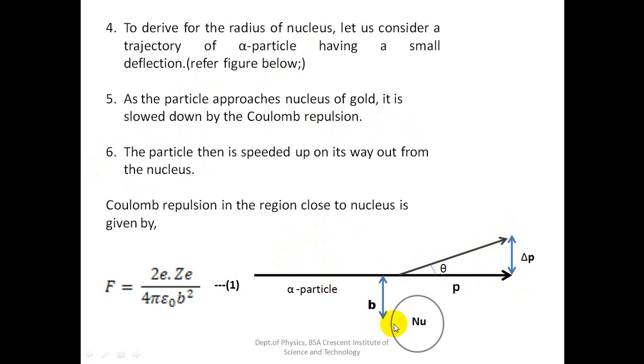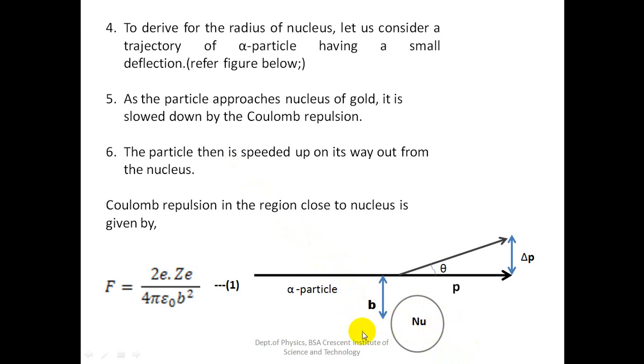As it tries to penetrate through the nucleus, the alpha particle, being positive, is repelled by the positive charges inside the nucleus. But then the alpha particle wins, and it penetrates through the nucleus, and when it comes out, it is pushed away with a greater force by the same positive charges of the protons inside the nucleus. They push the alpha particle out.